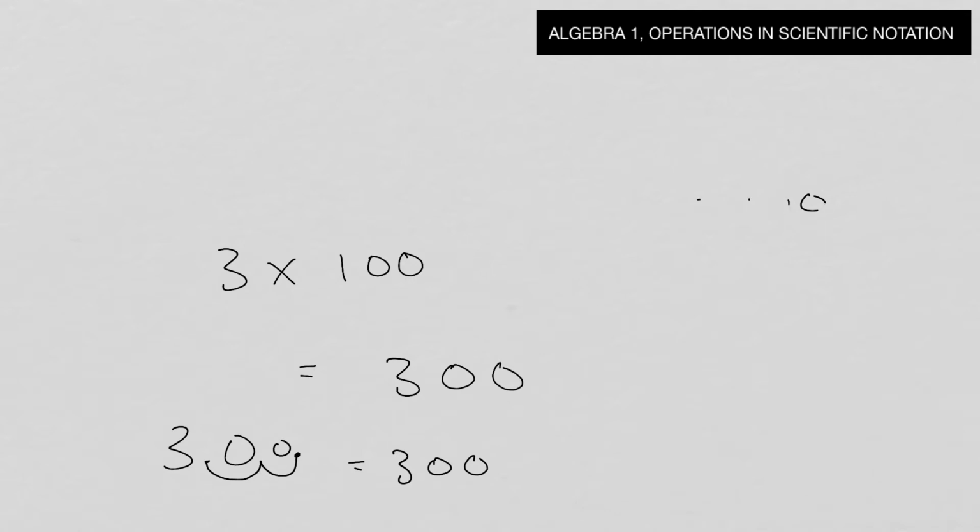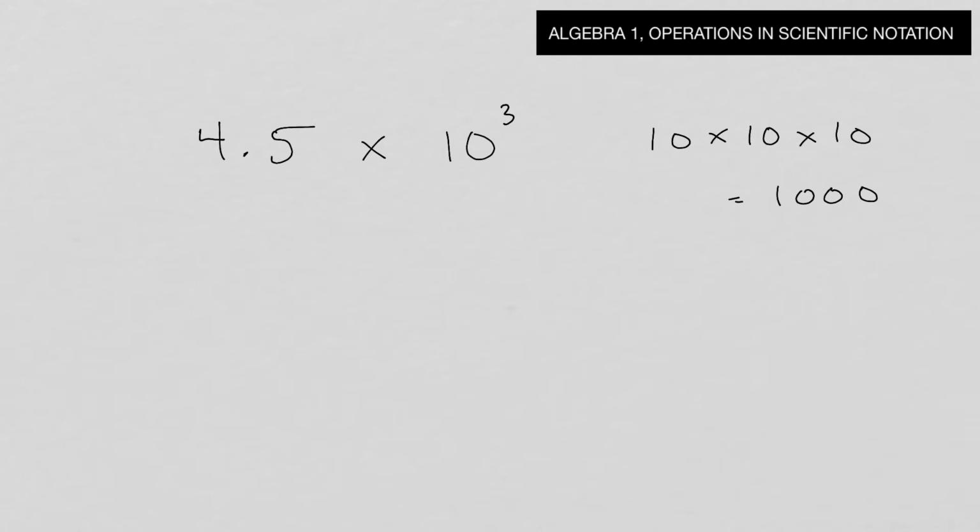Let's go over another example, just a quick concept review. Let's say we have 4.5 times 10 to the third power. Remember, 10 to the third power is 10 times 10 times 10, which equals 1,000. So basically we have 4.5 times 1,000.